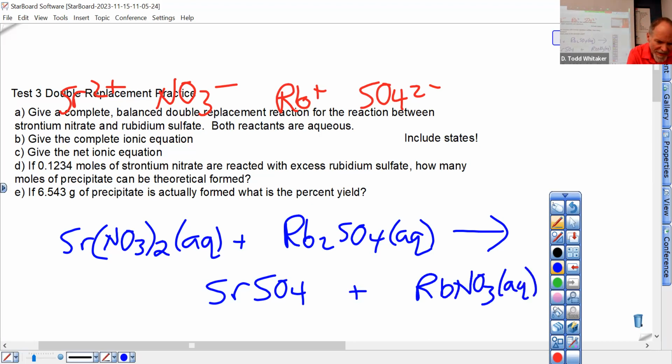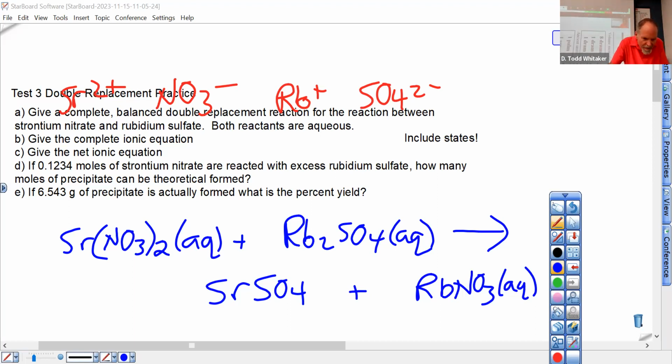We need the practice exam to figure out if strontium sulfate is a precipitate. I'm going to get that practice test 3, useful information. See if I can find it. Oh, I closed it. Here it is. Oh, no, it's too small.